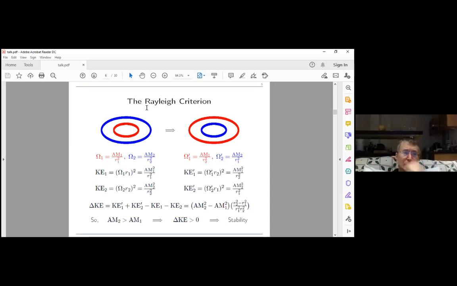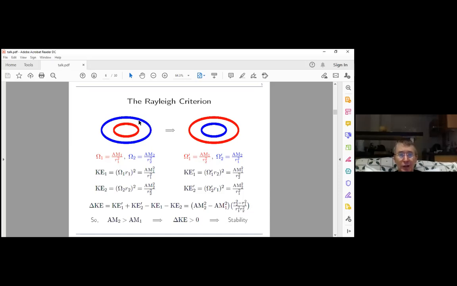And at this point, we can immediately also see why it is simply not relevant once you add magnetic fields. As soon as you add magnetic fields, so imagine that there's all sorts of magnetic fields threading this whole system. Well, we know what magnetic fields do. You have the Lorentz force, which can be thought of as a magnetic tension in the field lines. So imagine that you have magnetic fields threading this whole system.